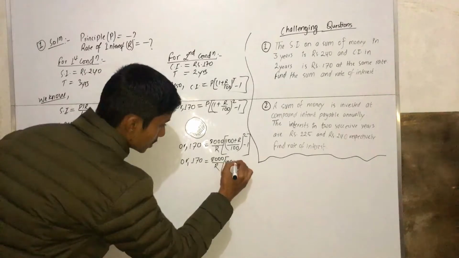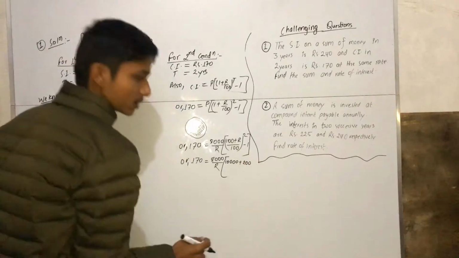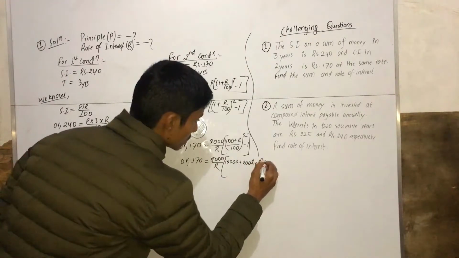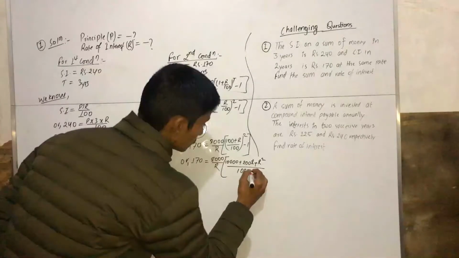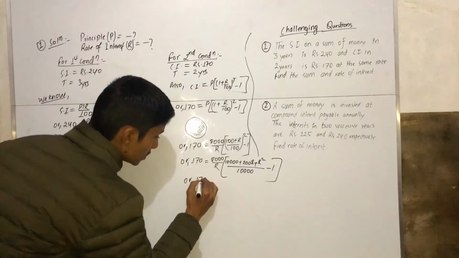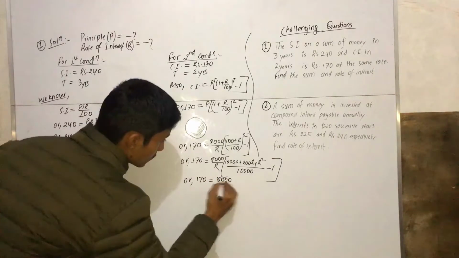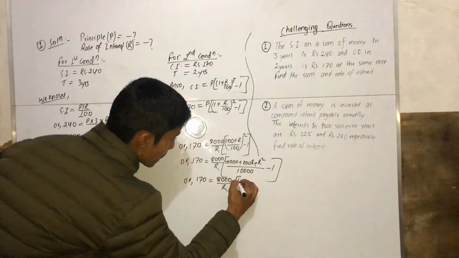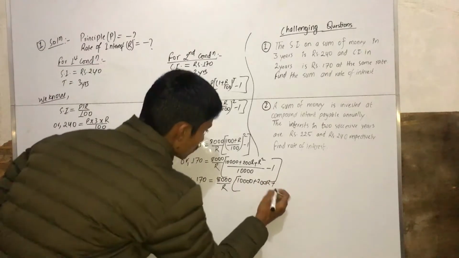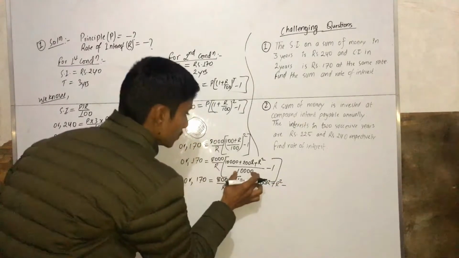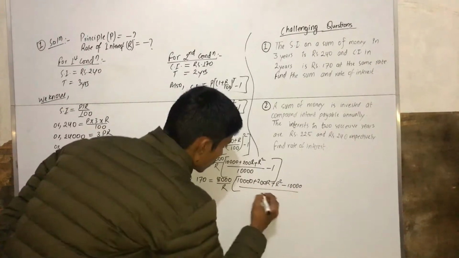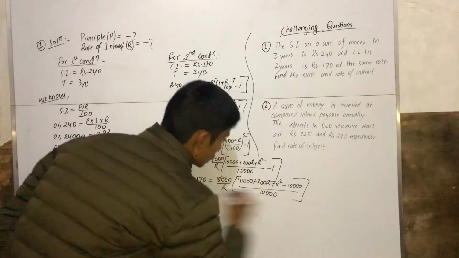We get (10,000 plus 200R plus R squared) by 10,000 minus 1, or 170 is equal to 8,000 by R times (10,000 plus 200R plus R squared minus 1 into 10,000) by 10,000.